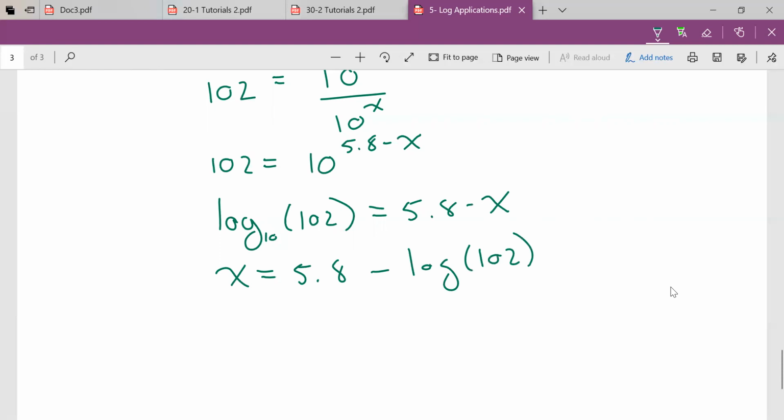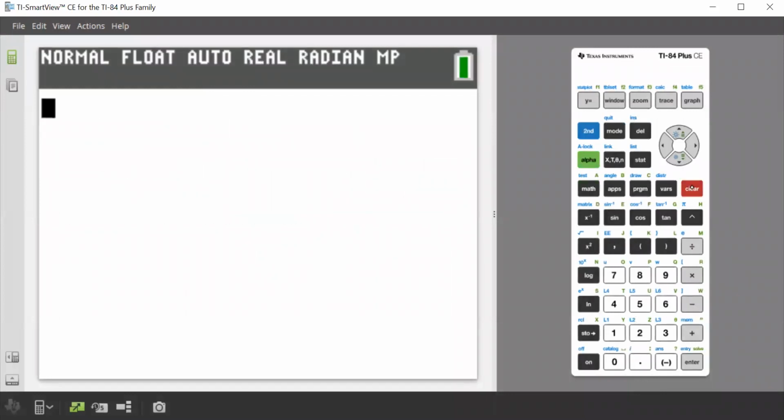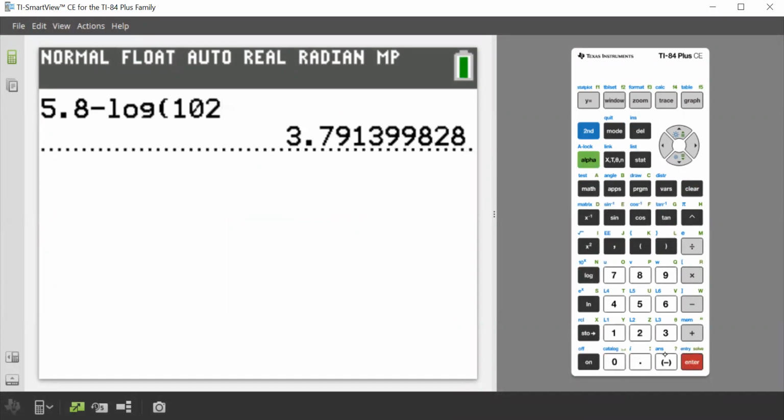And then all we need to do from here is just stick this thing into our calculator. So we go and grab our calculator and we say 5.8 minus log 102. Bingo, rounded to the nearest tenth, we would say that this is 3.8.